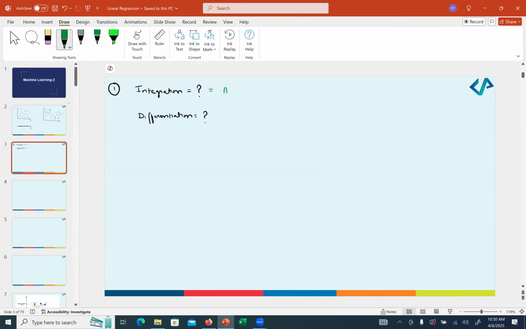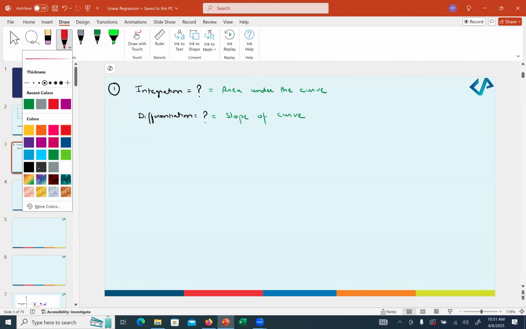Very nice. Right. Integration is area under the curve, and this is nothing but slope of the curve. Okay. What do we mean by that?